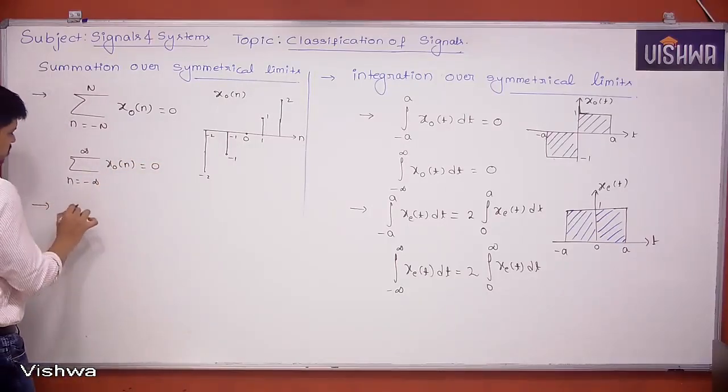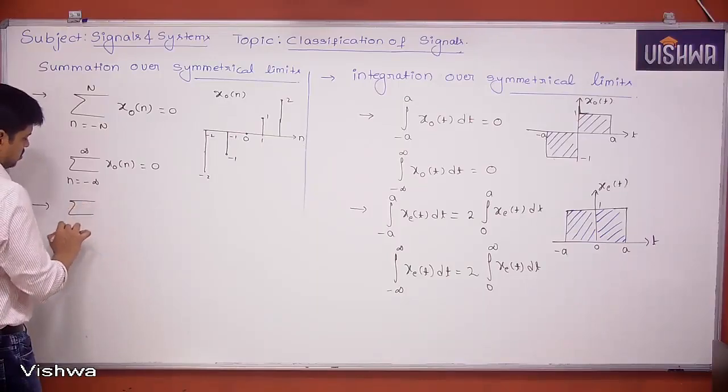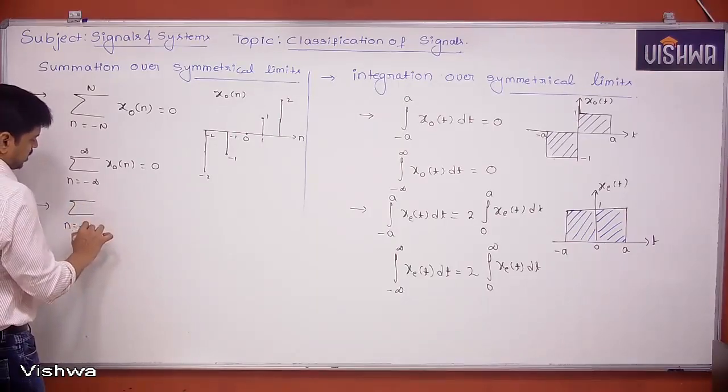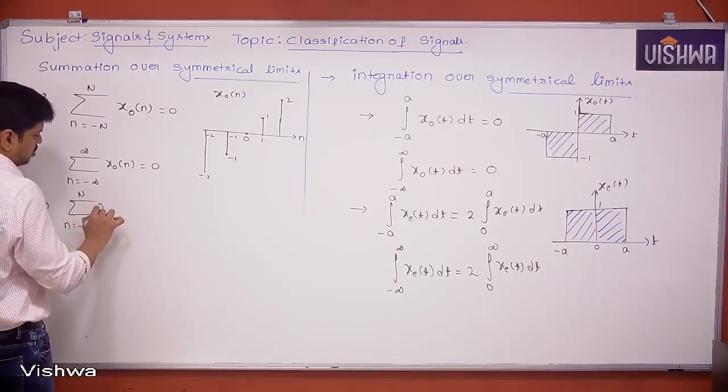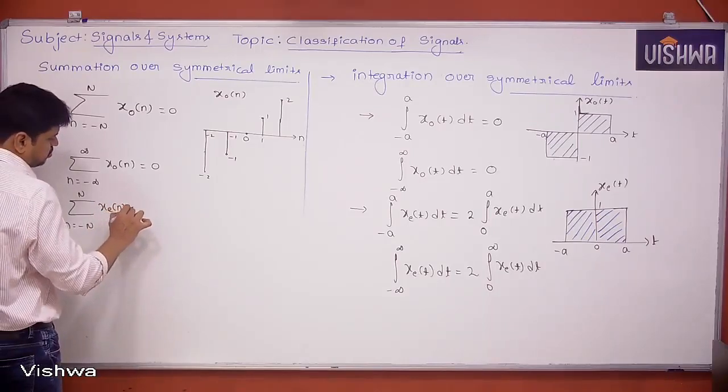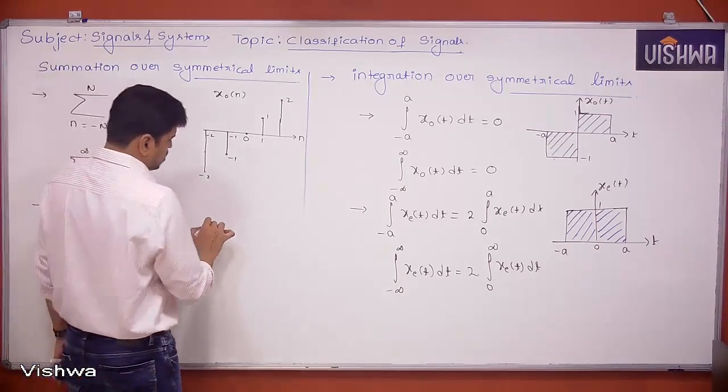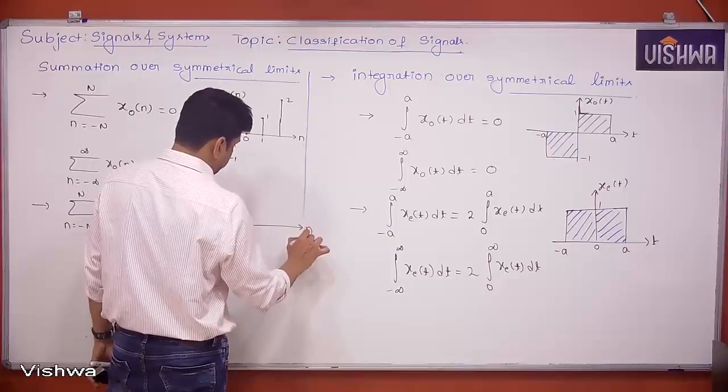Next, summation n is equal to minus N to N of x even part of n. Let's take some examples.